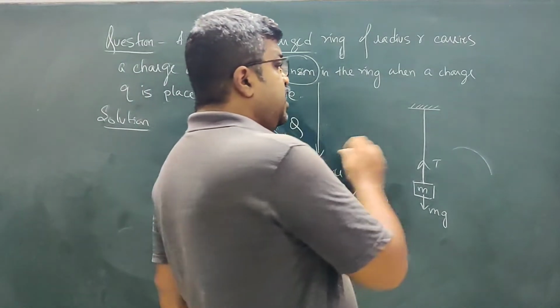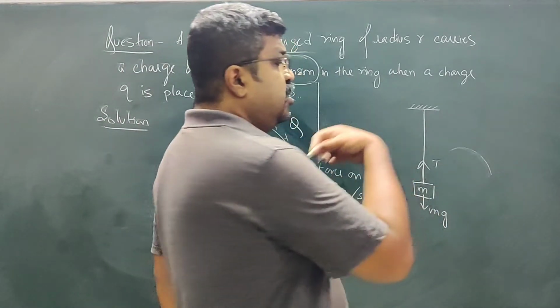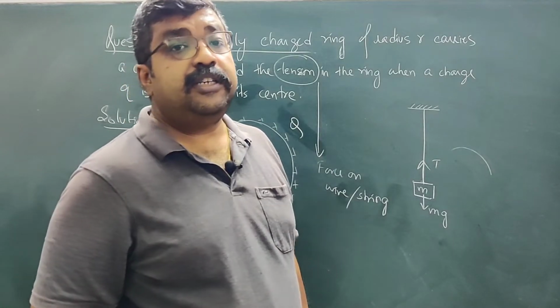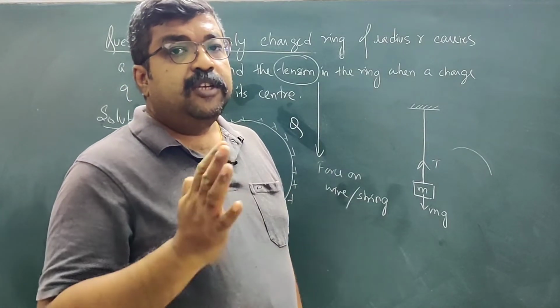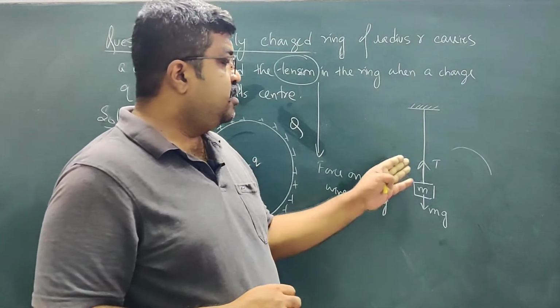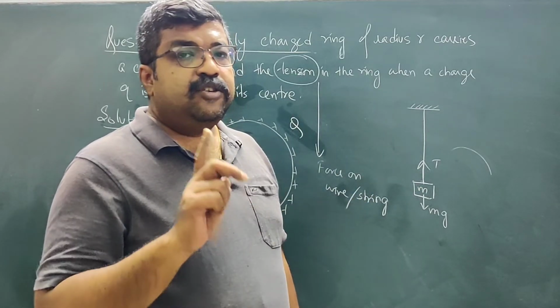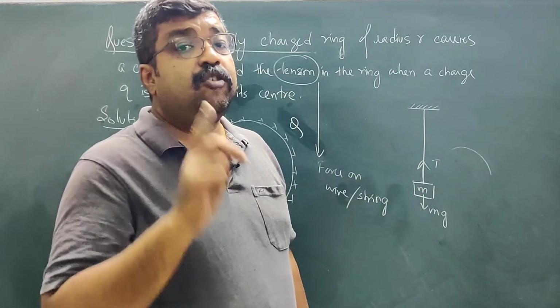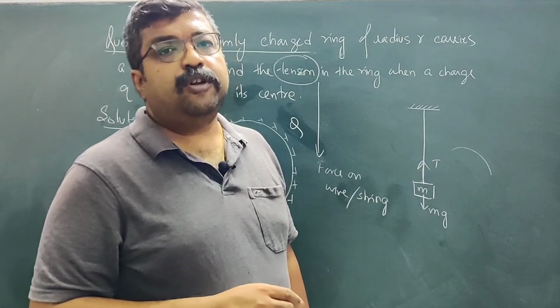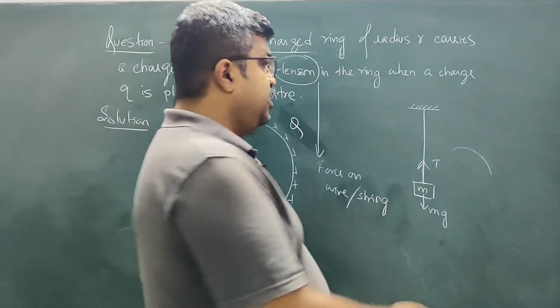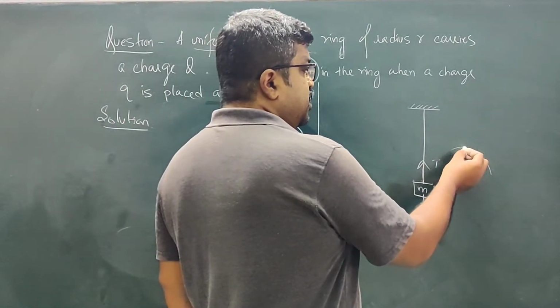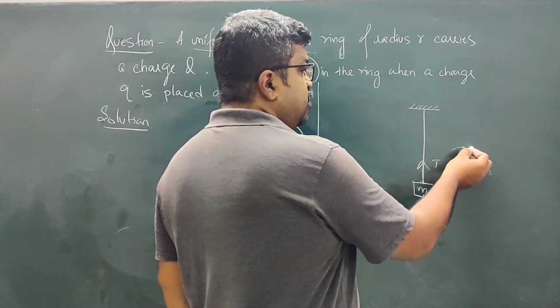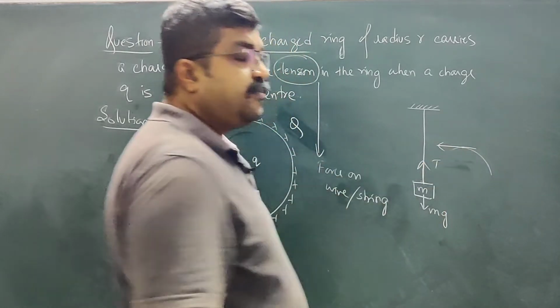The string is bent, and now in this position you have to calculate the tension. Actually this tension is not along the length of the string, it is always tangential to the point of application. So if it is bent, suppose at this position we have to find the tension, this is the direction of the tension.